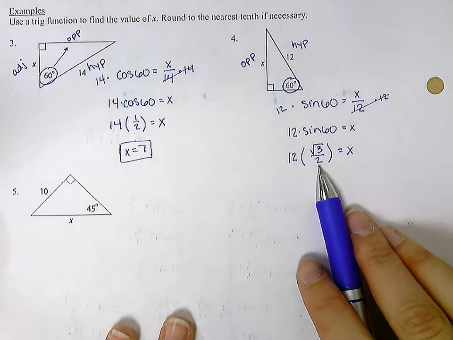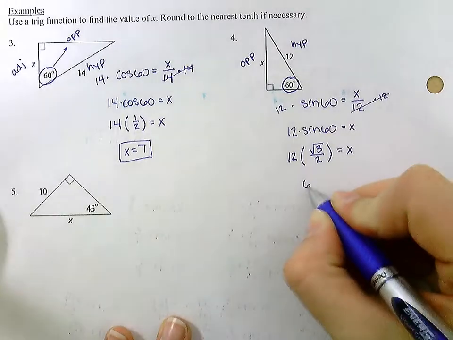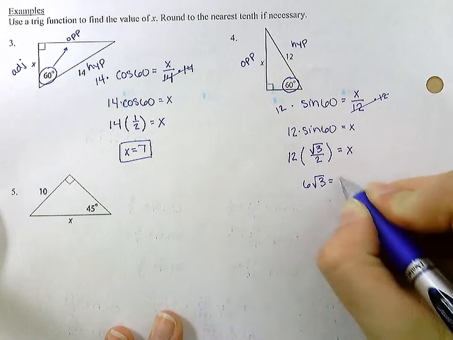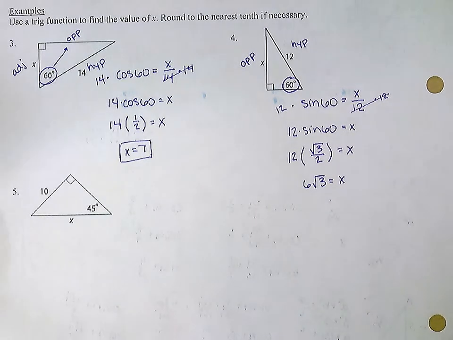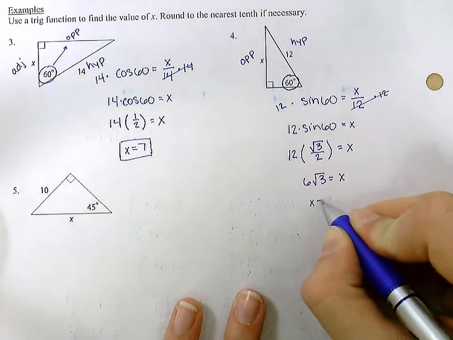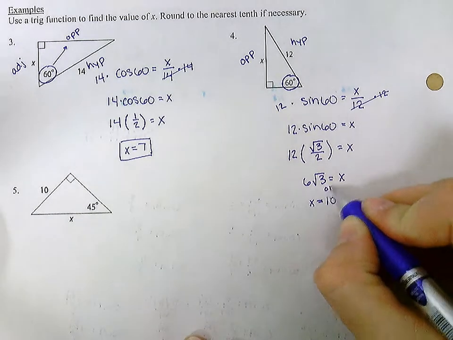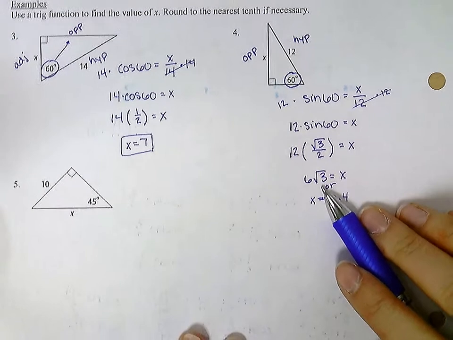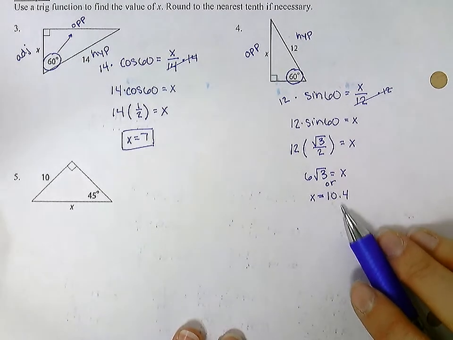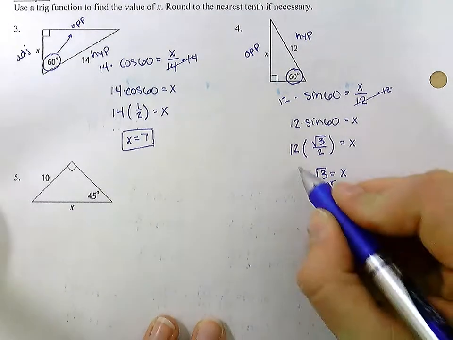You can divide it by 2, right? So I end up with 6 square roots of 3. You could leave it like that if you want. If you plug it into your calculator, you get 10.4. So you can keep it as a radical if you'd like, or you can plug it in to get 10.4.